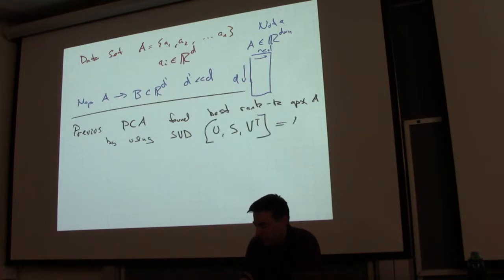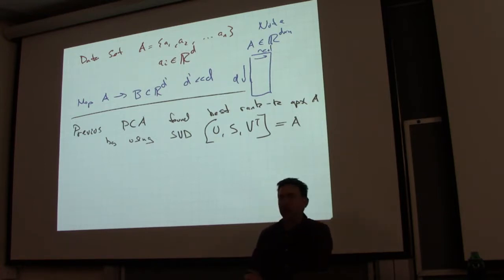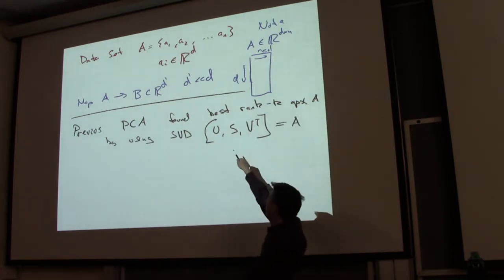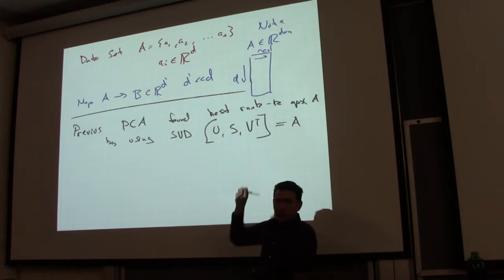It writes A as the product of three matrices U, S, and V transpose.